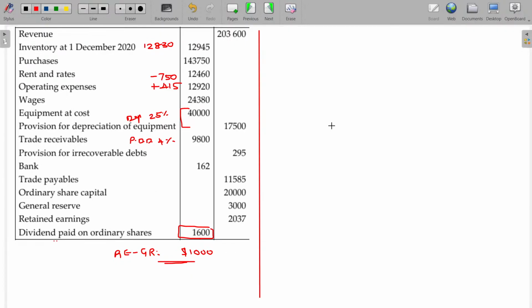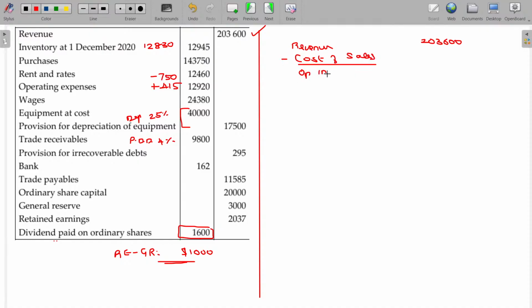Income statement. We'll start with revenue, being 2,03,600, minus cost of sales.